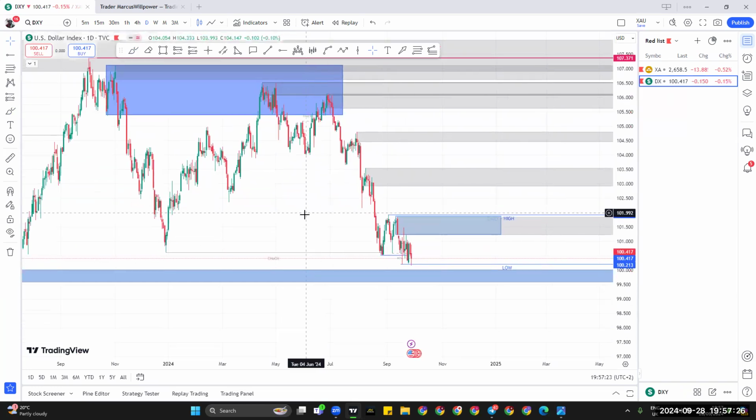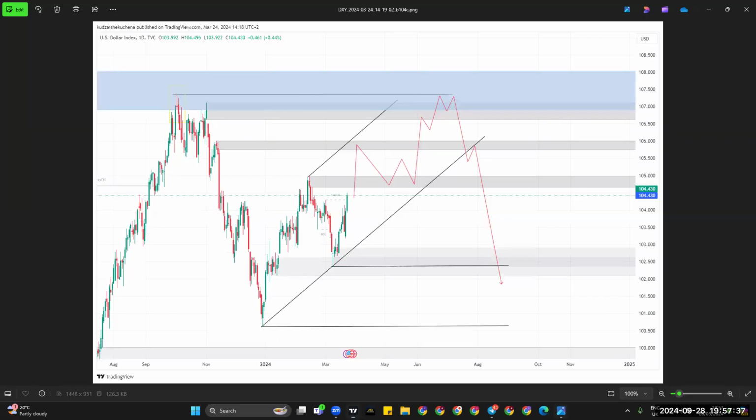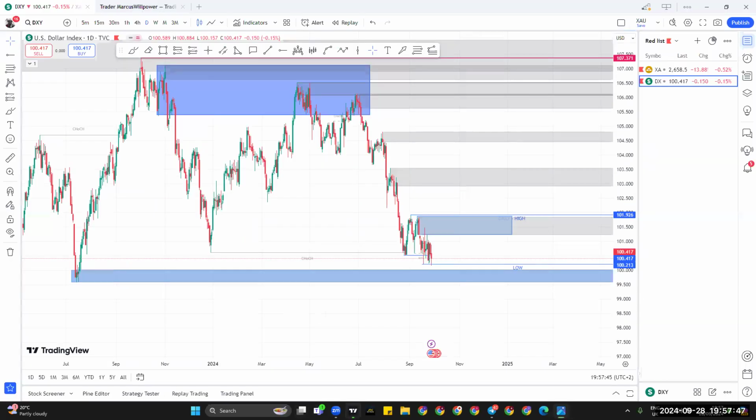So if gold is going up, DXY is going down. I just want to show a quick screenshot of my analysis on the DXY from April. I had predicted that the market would retrace or find a resistance up there and then fall off. So currently looking at the market, that's what happened.